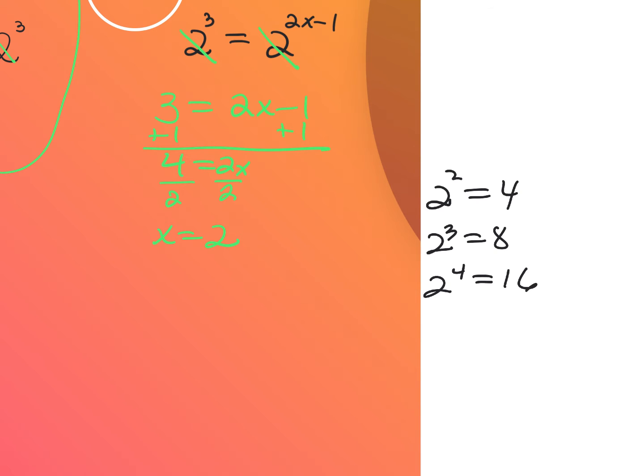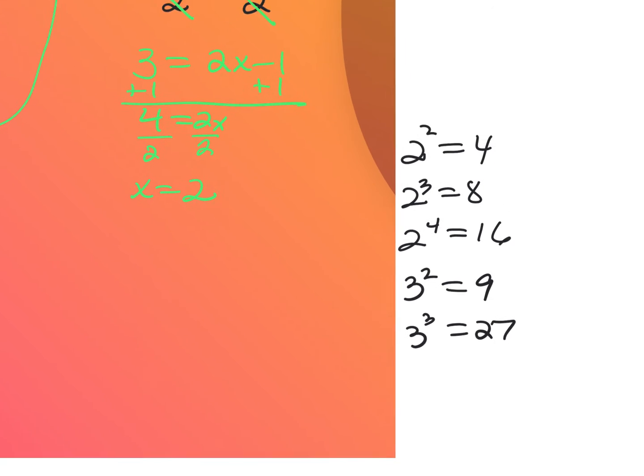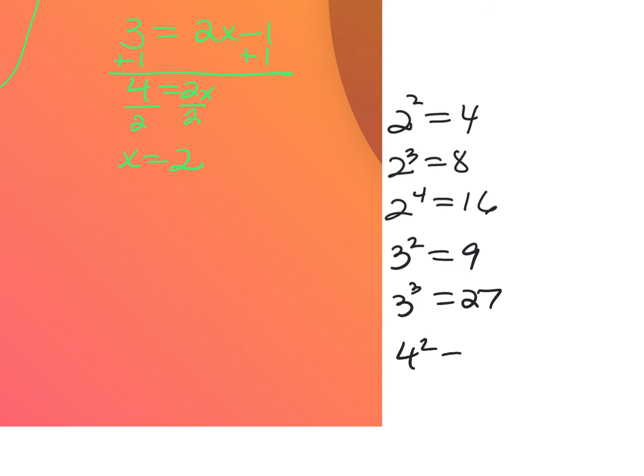You might also memorize that 3 squared is 9, 3 to the 3rd is 27, 4 squared is 16, 4 to the 3rd is 64, and so on. So memorize some of these because when you see the numbers, it might help you to recognize what you need to make it into.